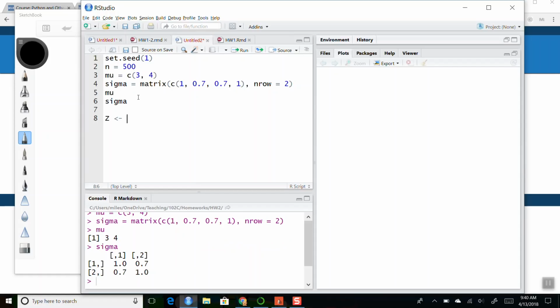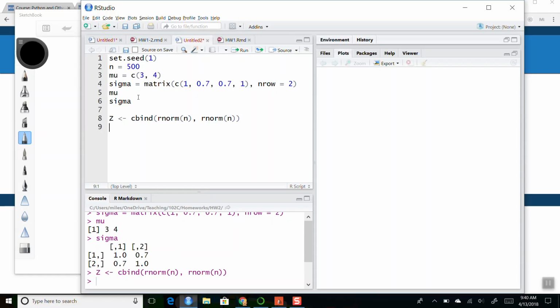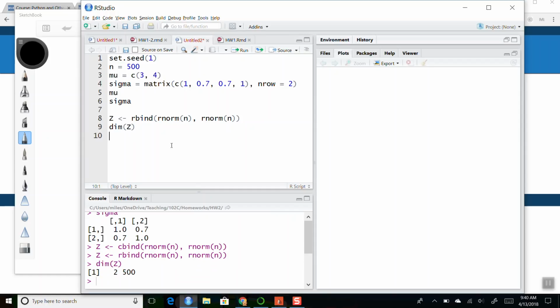I can ask for rnorm n and rnorm n, and I'm not cbind, I want an rbind. Sorry. And if I ask for the dimensions of z, this will give me 2 rows, 500 columns.